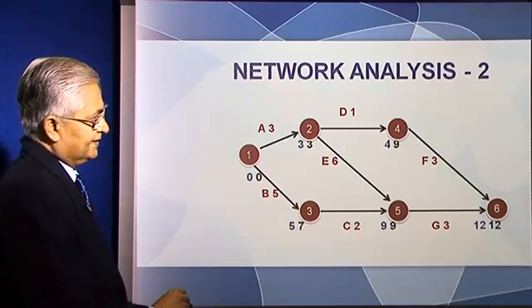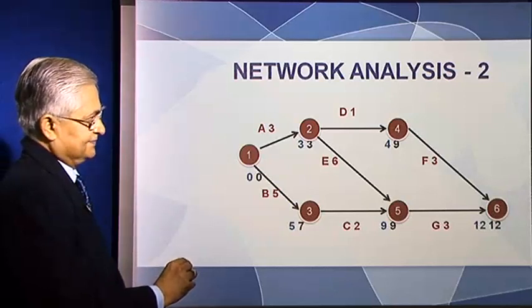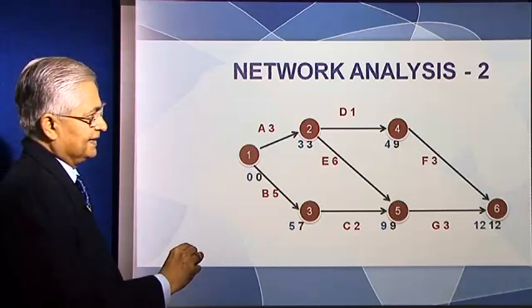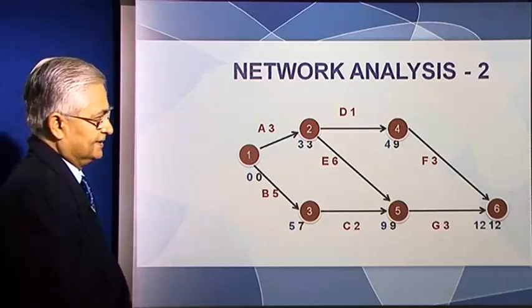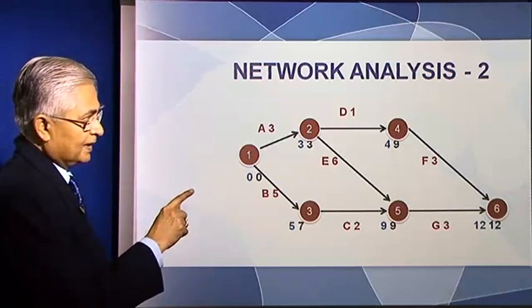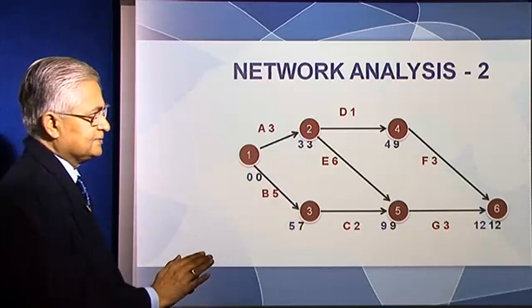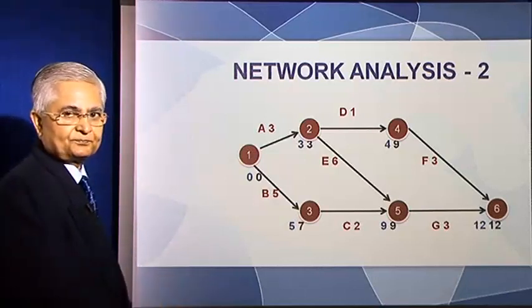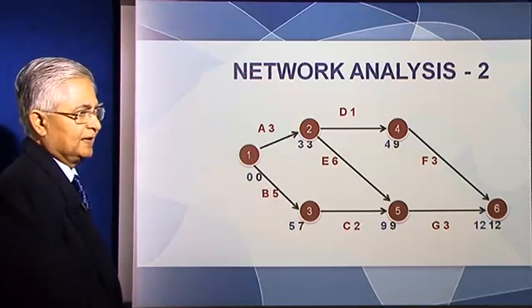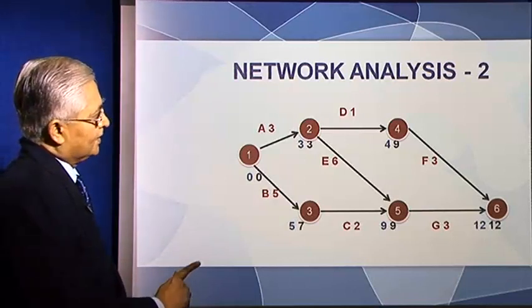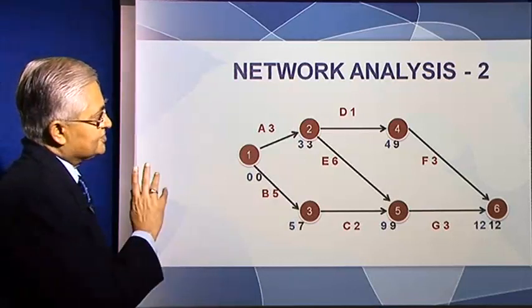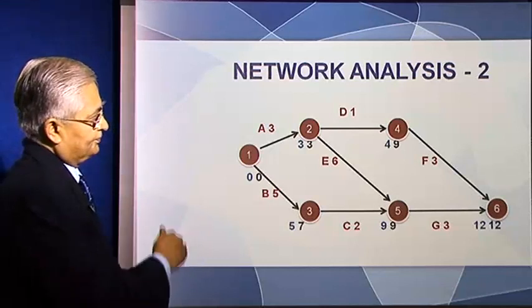Now, if we want to reach 6 by the end of the 12th month, we put that black 12 there, which shows that is the latest we can reach 6, at the end of the 12th month. Then what is the latest we can reach 4?